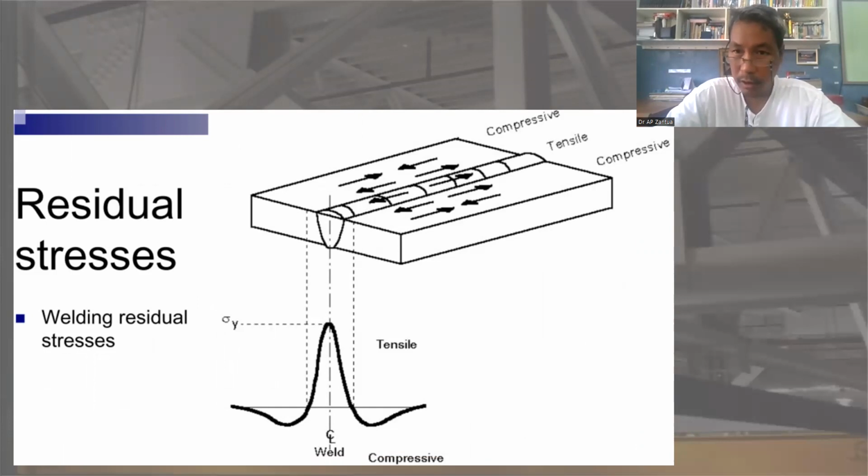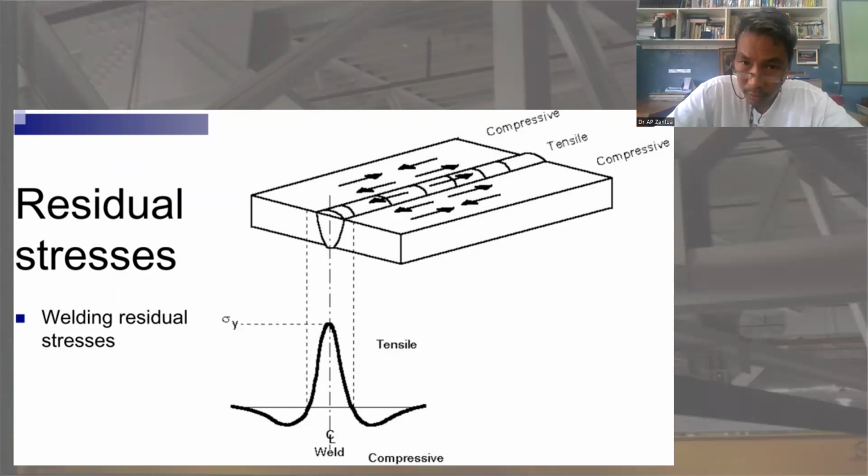Next, what about the welding effect on the residual stress? We have the welded portion, with the welding on this cross section going there. When we do that, we can feel compression, tension, and compression. In this area, the material is feeling compressive stress.